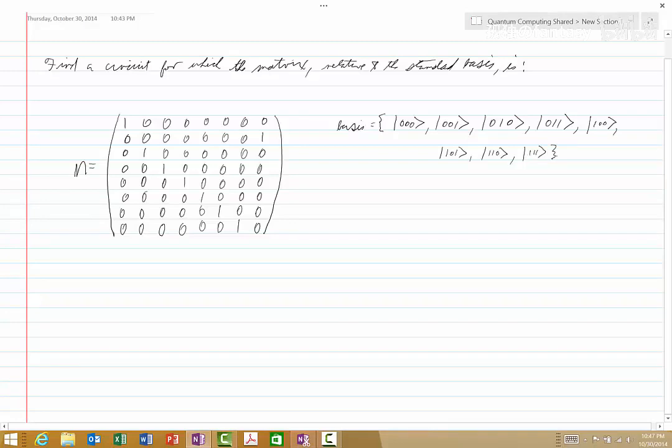Which means that we associate with the 0, 0, 0 state the vector 1 and 7 zeros. And then with this state 0, 0, 1, we associate 0, 1, and then 6 zeros, and so on.